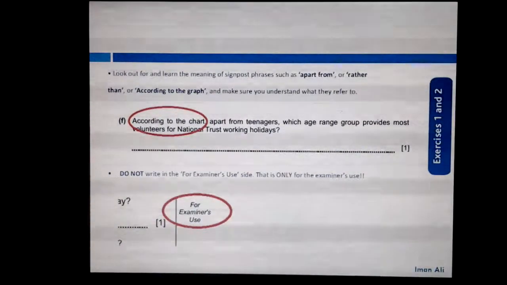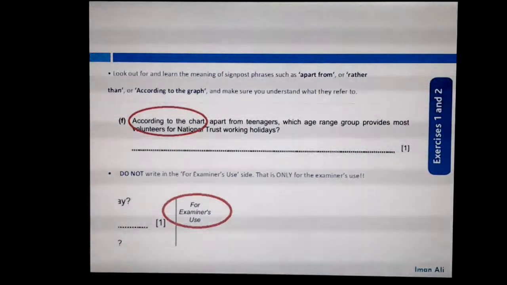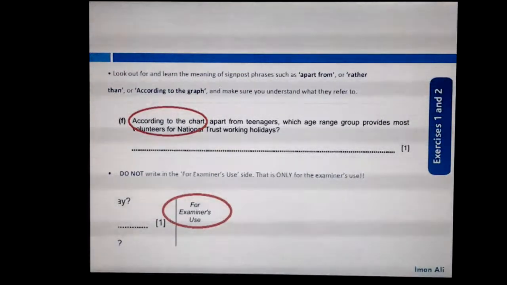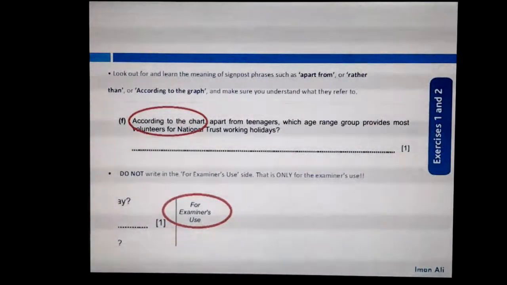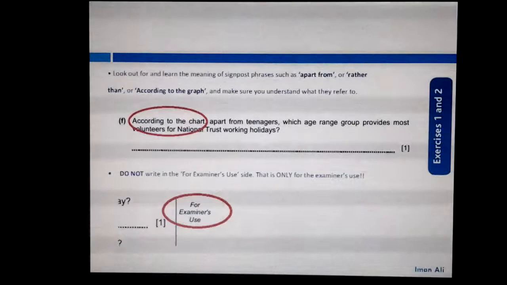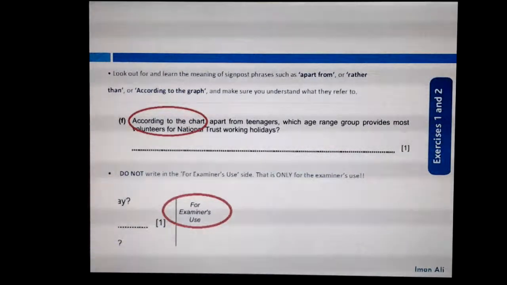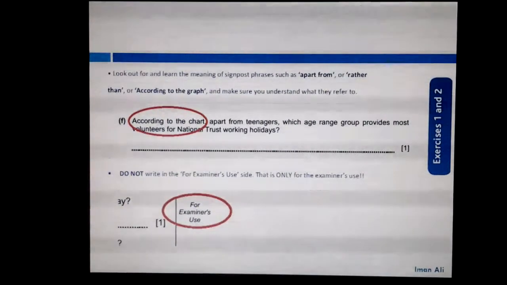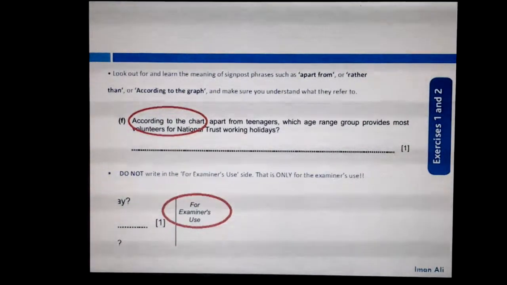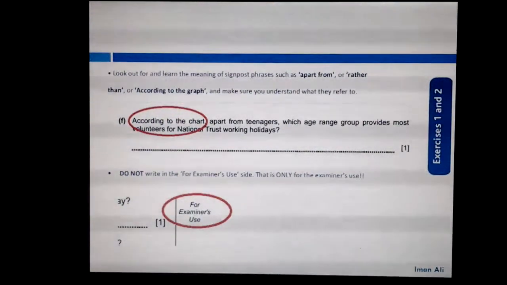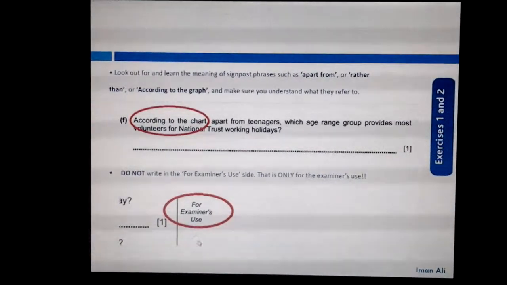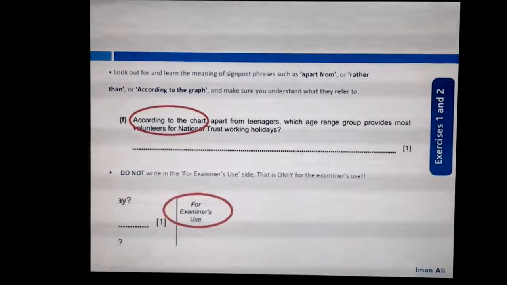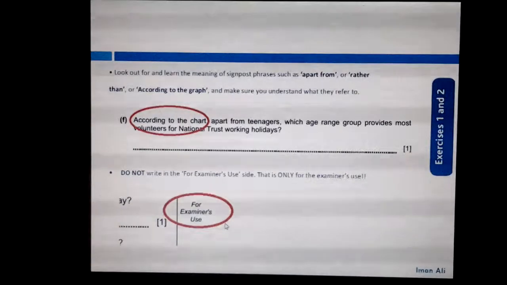Then look out for the main idea of the question, what the actual question is talking to you about. Underline the signpost phrases in the question so that you know what exactly the question wants you to answer. Make sure you do not exceed the answer line given to you and end up writing in the For Examiner's Use side, because that's only for the examiner.